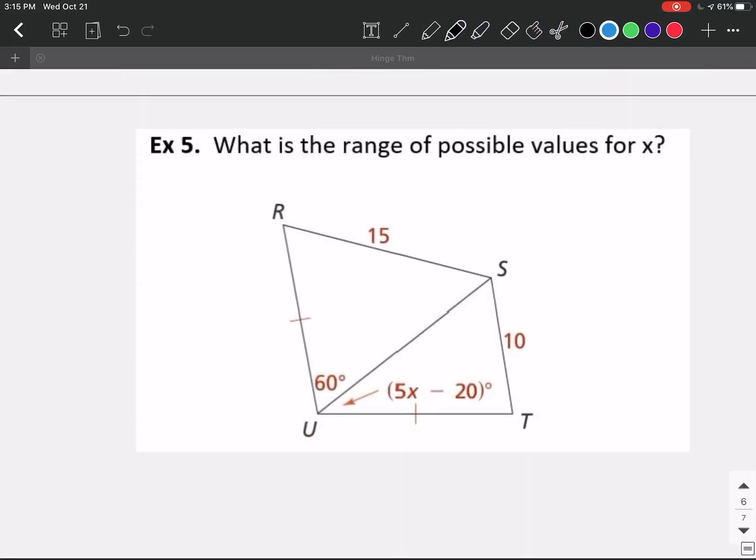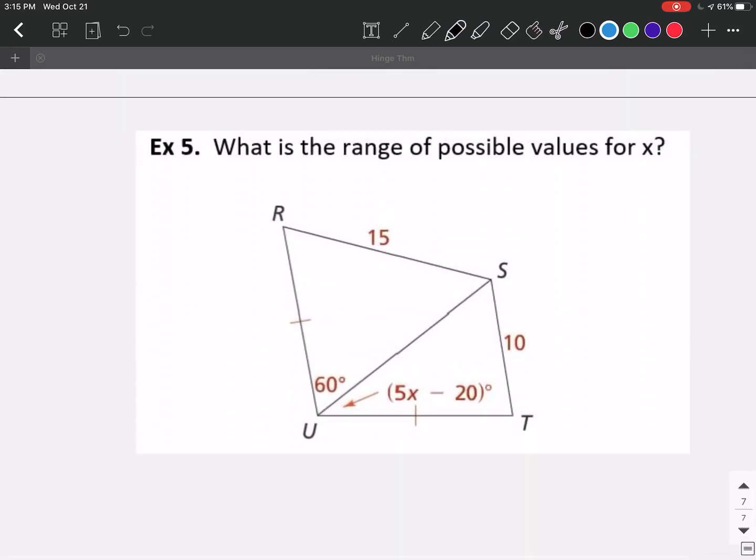And the last one is, now we're going to add some algebra into it. So we're going to find the range of possible values for x. So again, I have two triangles. I'm going to just highlight real quick.